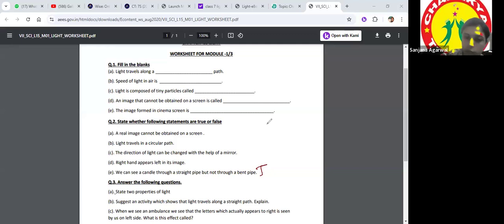Those who are not responding, I will not take the surety of how your exams are going to be, because we need to revise the chapter. I know the concept fades away in our mind with time. That's why I took this light worksheet today. In the very beginning, we did this chapter. So come up.